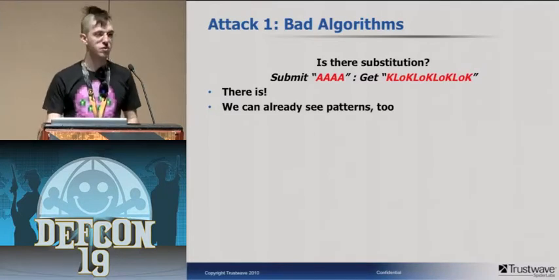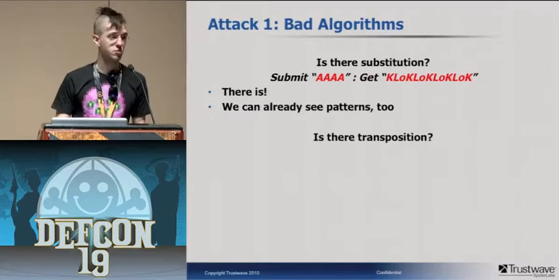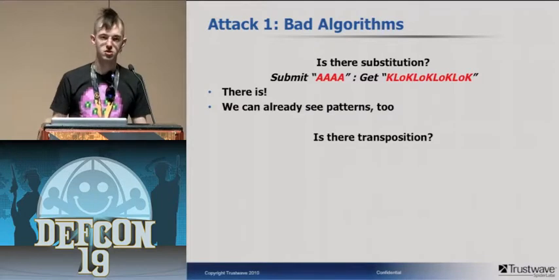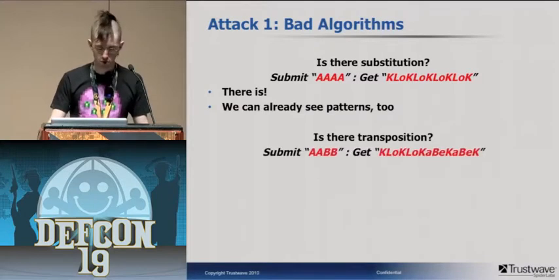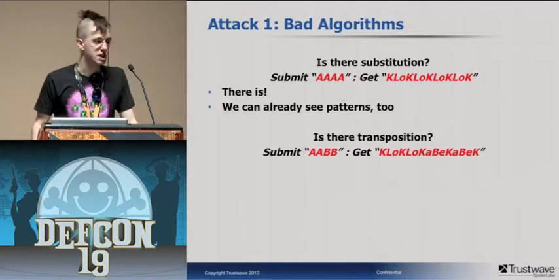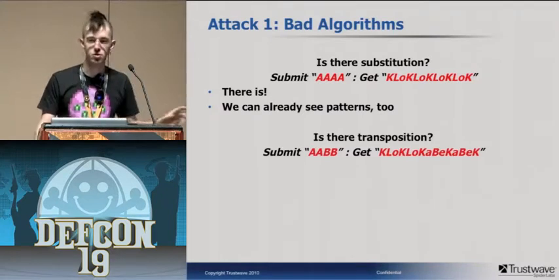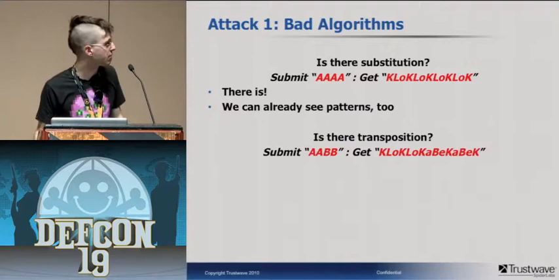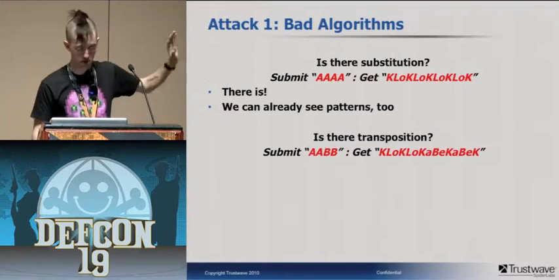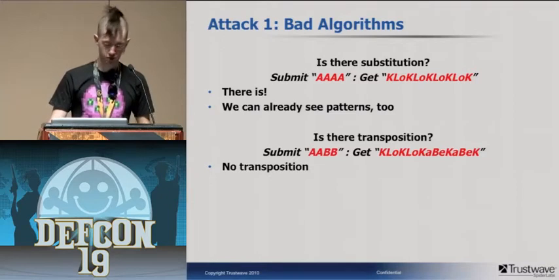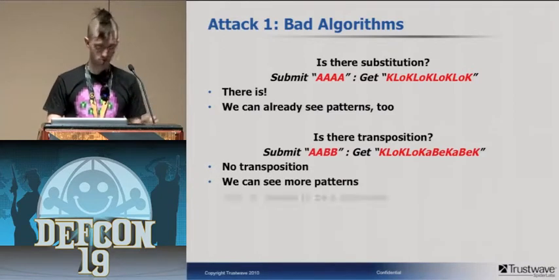The next thing we're looking for is if there's transposition, if characters are being switched around before or after the substitution occurs. So we'll submit AABB, and we see something similar to what we saw last time. And you can already start to see patterns in this very quickly. So there doesn't seem to be any transposition, and we can see more patterns.